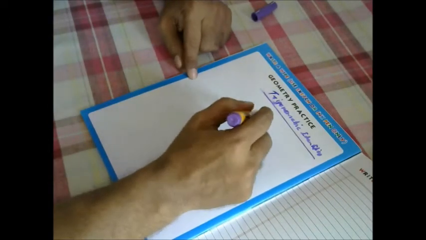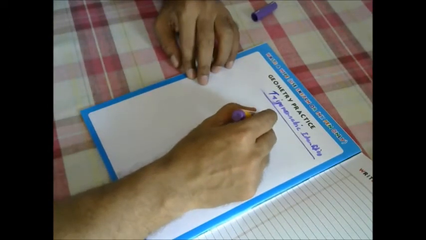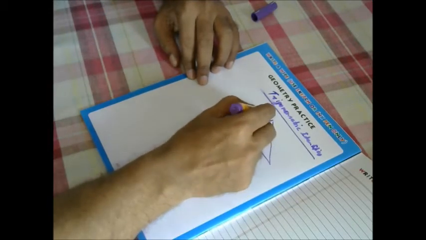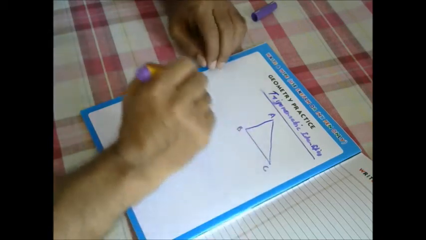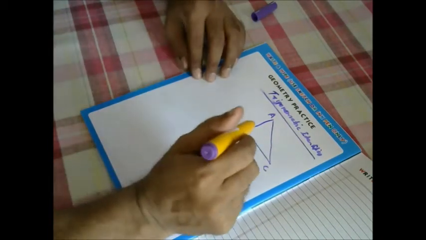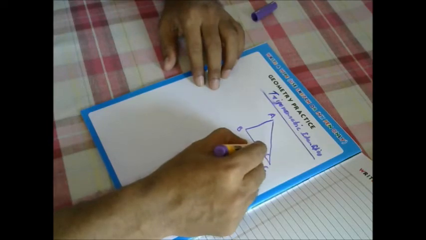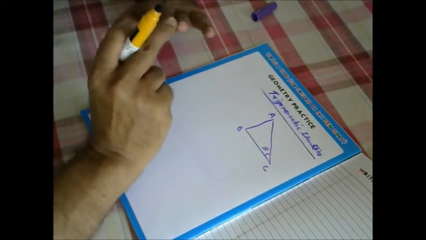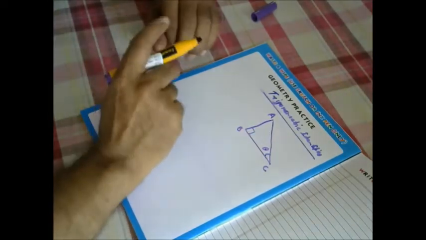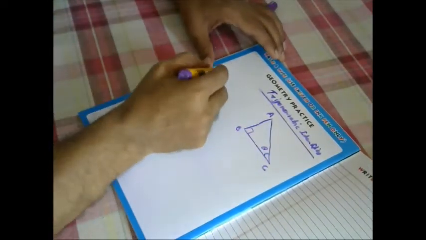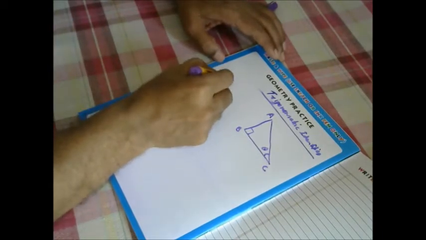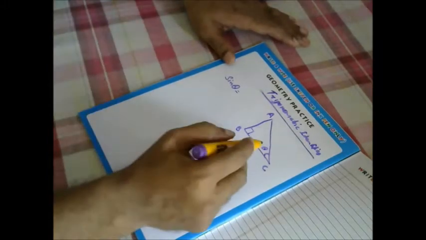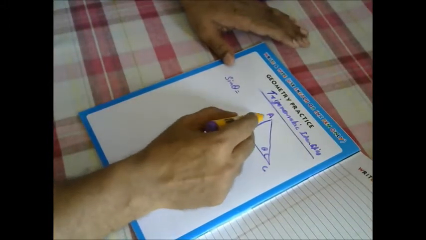So, suppose there is a right angle triangle ABC, and in this triangle, suppose this angle is theta. Now, as per the definition of sin theta, this will be perpendicular or opposite.